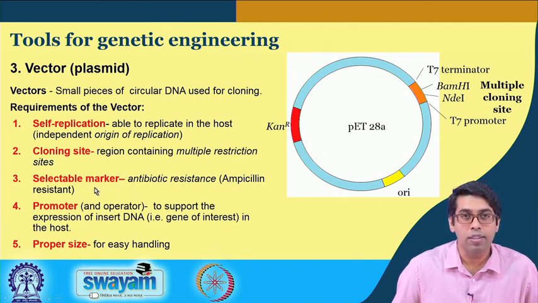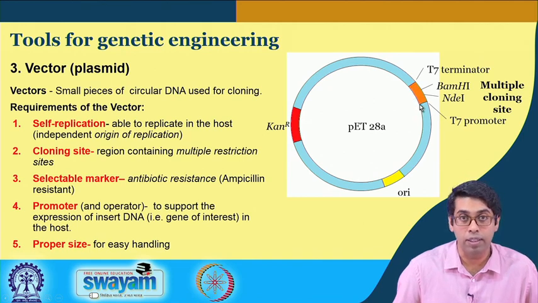Then the third important feature that it has is a selectable marker, because when you are doing all these experiments, some of these vectors will cut open, some will not. Some of these vectors will have your gene of interest inserted into them, and some vectors will not.